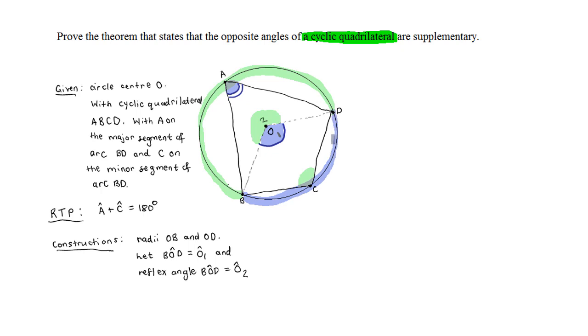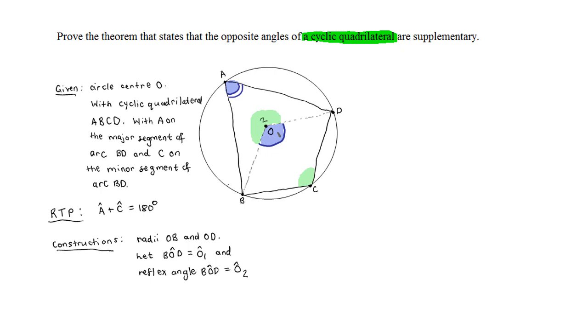You can see this arc looks like this, and angle O1 looks like that, and angle A also looks like that, and the major arc looks like that, and angle O2 looks like that, and angle C also looks like that. It's just one thing I'm pointing out, if you are struggling to see the connection between the angle at the center and the angle at the circumference, especially if you can't identify this relationship here with the reflex angle.